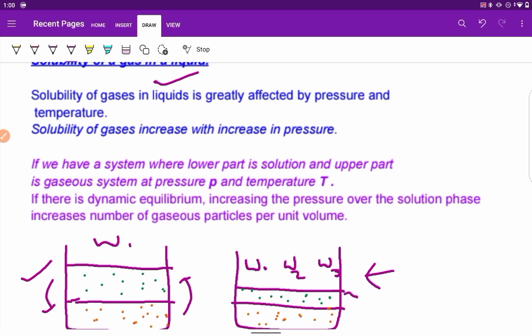So the rate at which gaseous particles are striking the surface to enter it will also increase, because the number of gaseous particles per unit volume has increased. Because of this, the solubility of the gas will increase until a new equilibrium is reached.